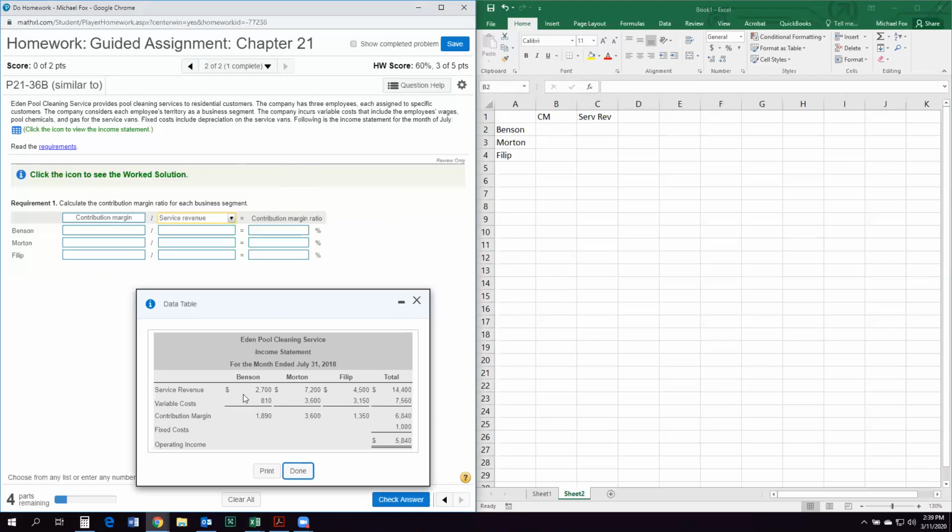You can see that Benson had a contribution margin of $1,890 and service revenue of $2,700. Morton had a contribution margin of $3,600 on revenue of $7,200, and Philip had contribution margin of $1,350 on revenue of $4,500. Okay, so to find our contribution margin ratio, we just take contribution margin divided by service revenue.